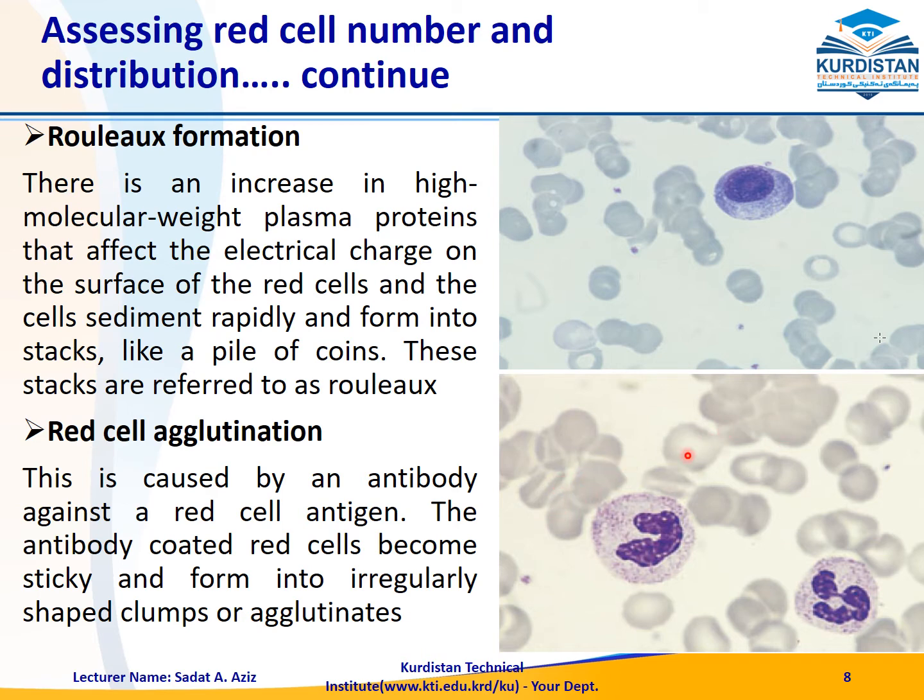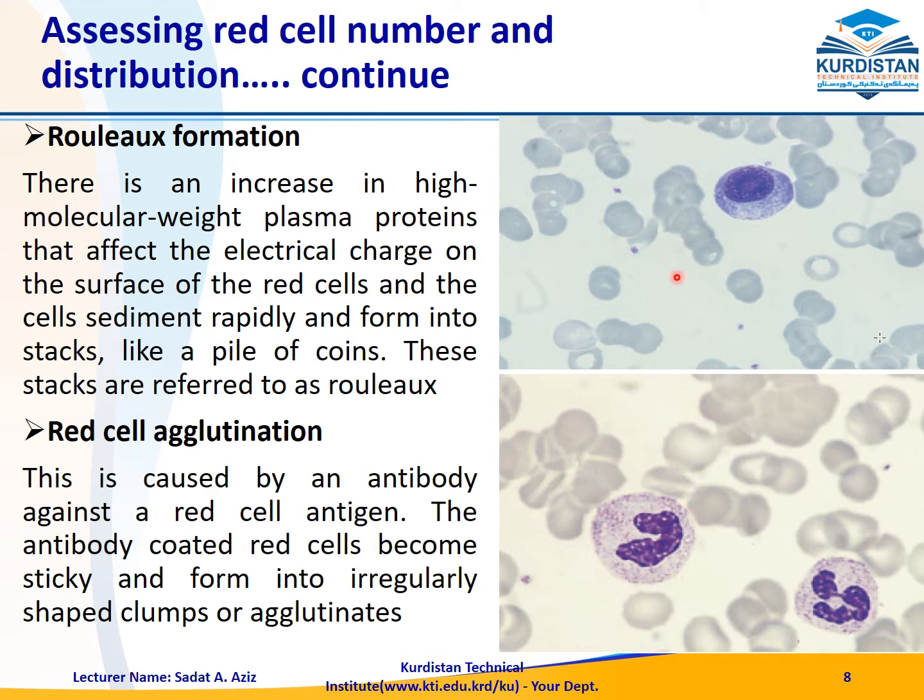So the cells are aggregated and overlapped on each other. This appearance or distribution of the cells can be defined as red blood cell agglutination.